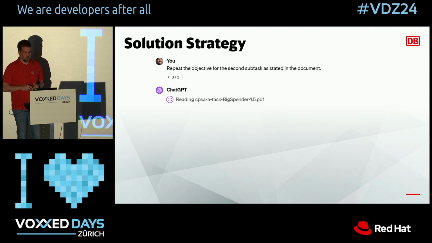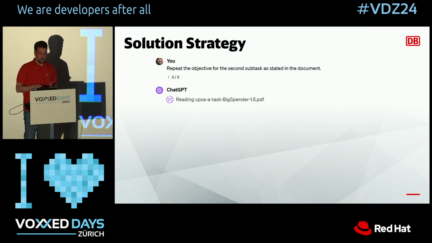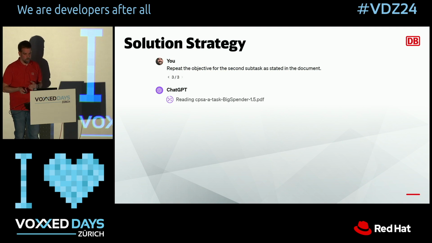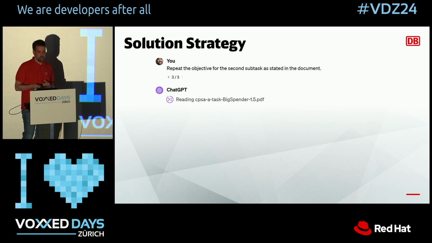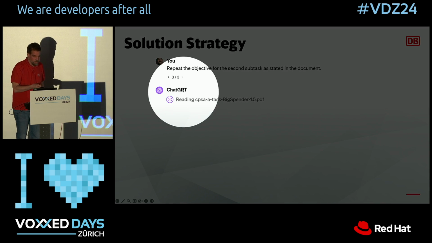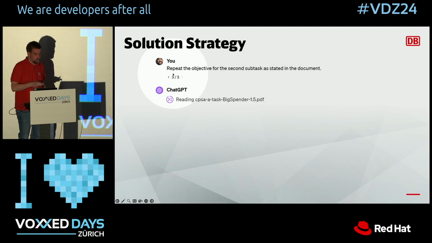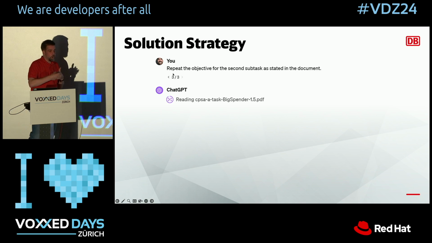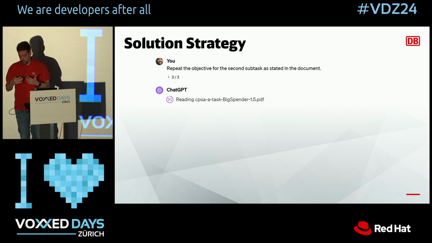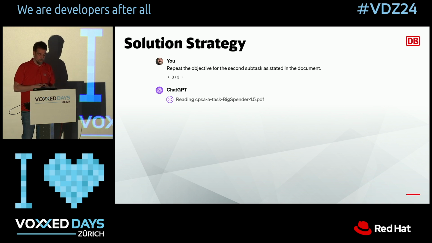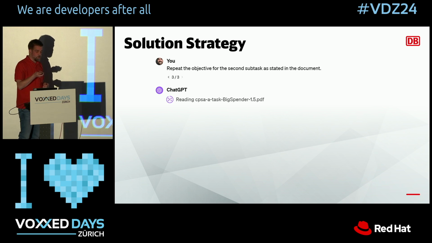Second subtask, a solution strategy. Repeat the objective for the second subtask as stated in the document. As you can see here, we can rephrase our statements. So it took 3 approaches in this case to find the proper prompt.